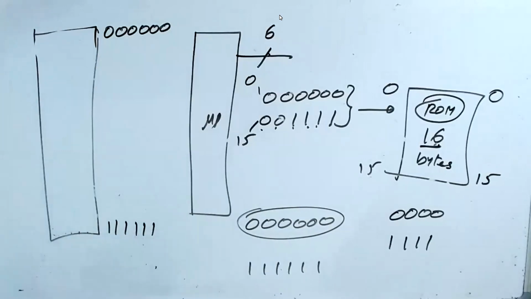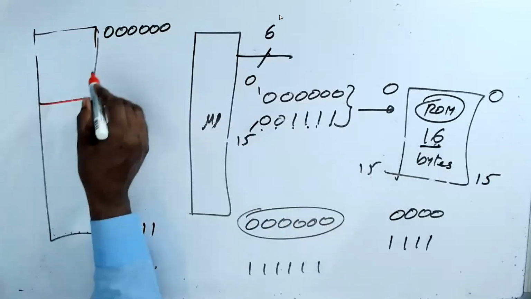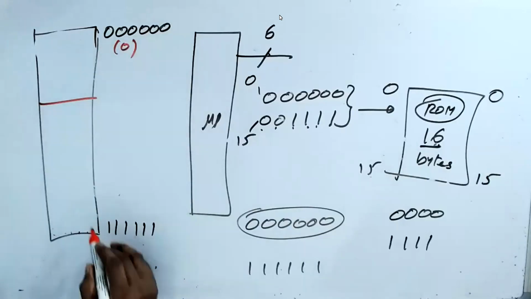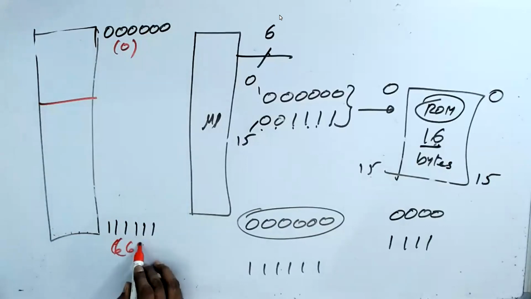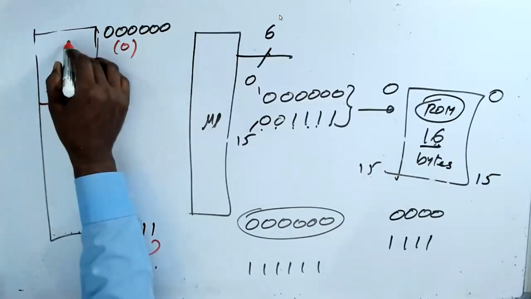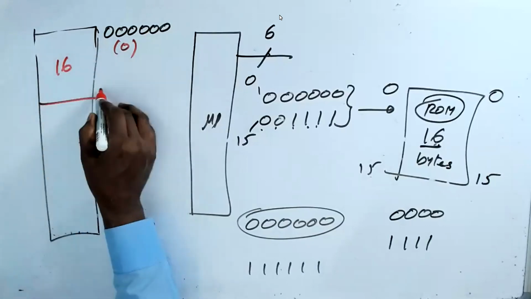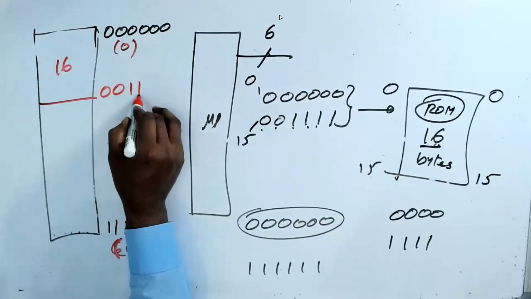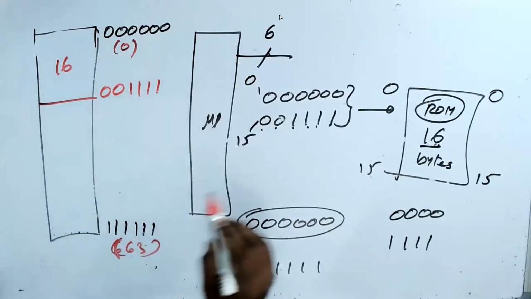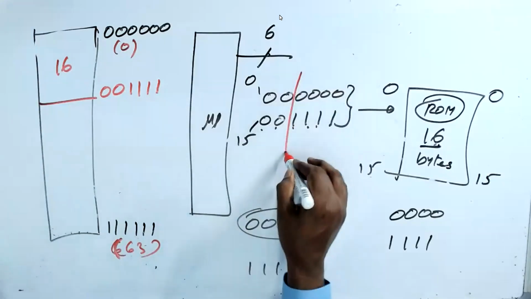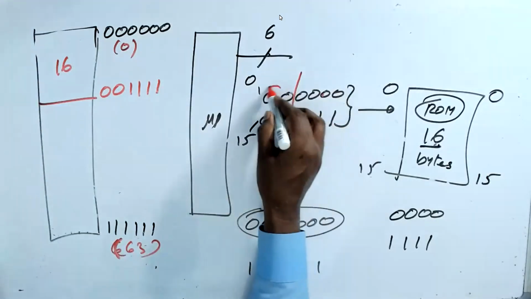But we are mapping the ROM to the first 16 bytes. If you see here, you can divide it into 2 parts: this part is variable, this part is fixed.